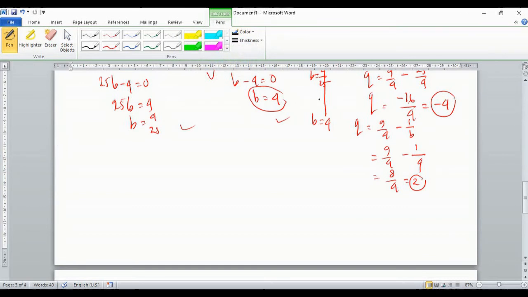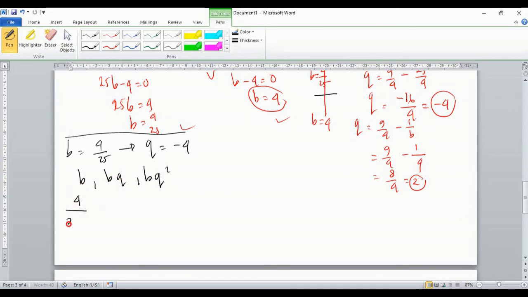Okay. When we substitute b equal 4 over 25, we get k equal to minus 4. And then we know that the first three terms are a geometric sequence, so that means b, bk, bk squared is a geometric sequence, right? So we just need to substitute what we have. b is 4 over 25 for the first term.